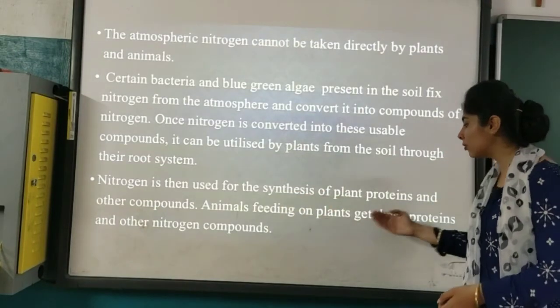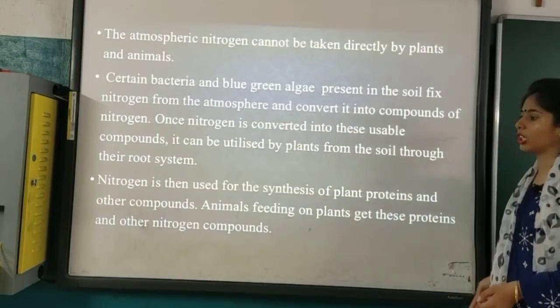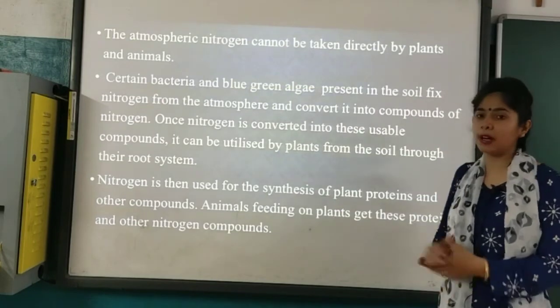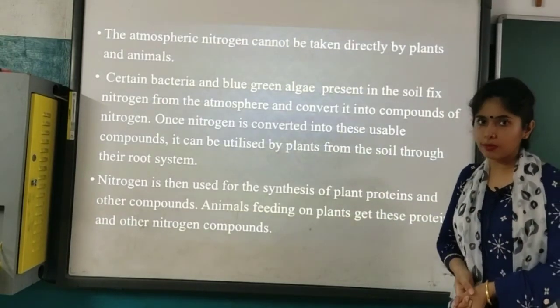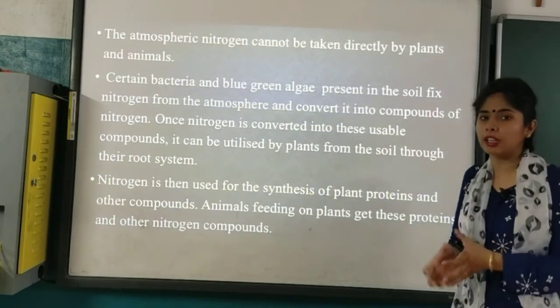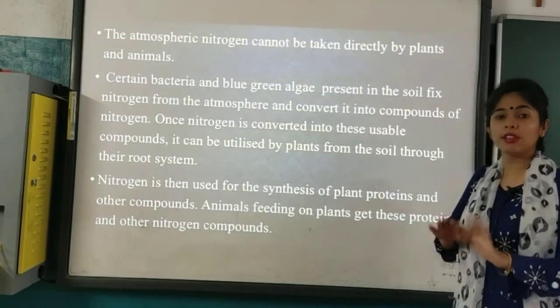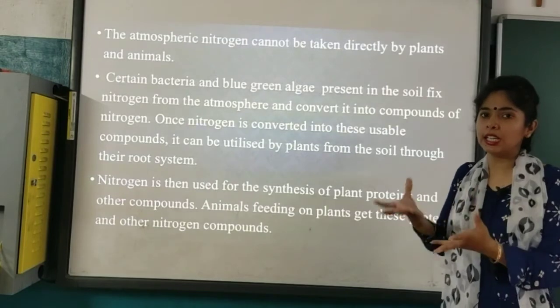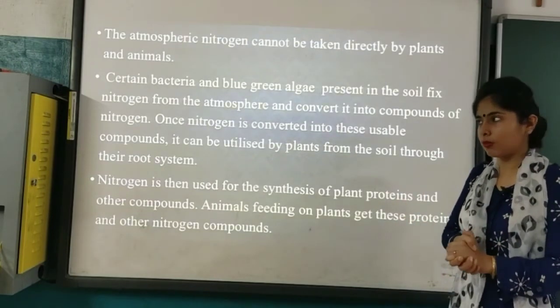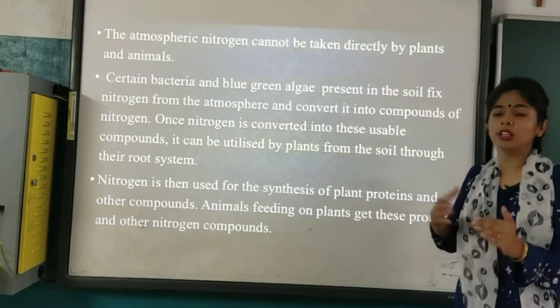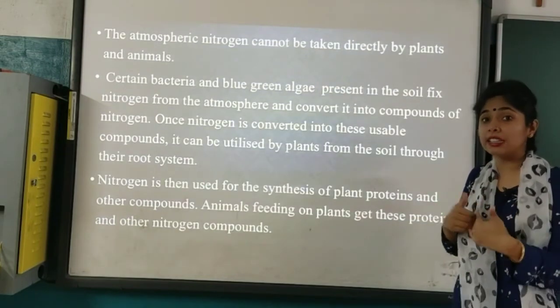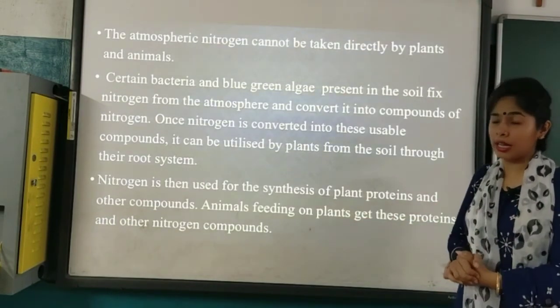Animals feeding on plants get these proteins and other nitrogen compounds. So when nitrogen is present in the soil, who will take it from the soil? Roots, and roots will forward it to the leaves for the production of food, and this food will be eaten by animals and human beings, and we will get the nitrogenous compounds.